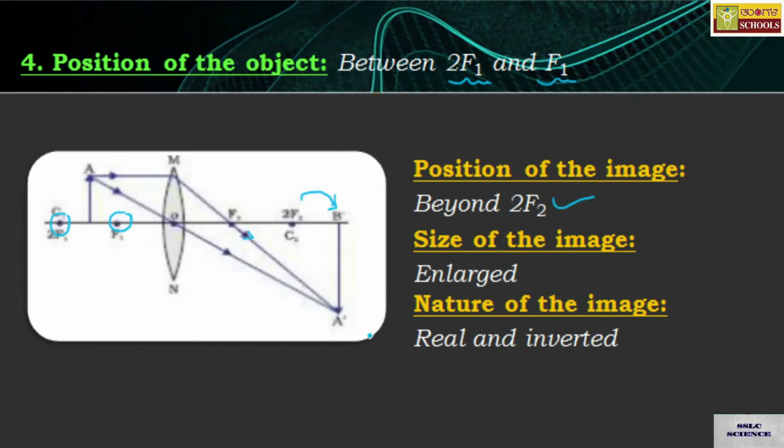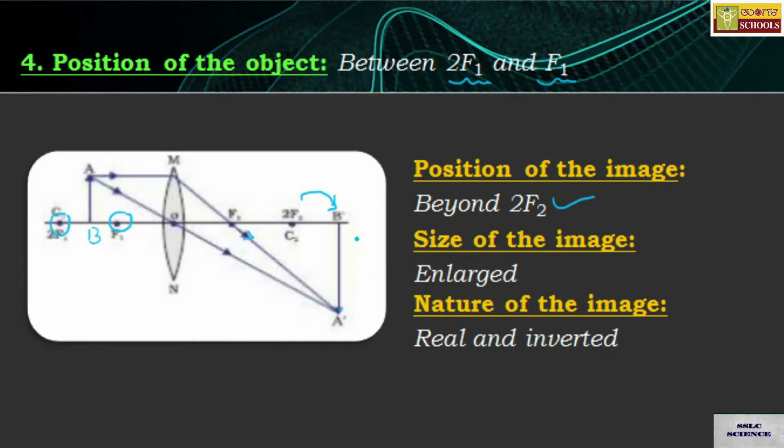On the other hand, the ray passing through the optic center will go undeviated. If you continue these two, they will intersect at this point A dash. A dash B dash is the image of the object AB.